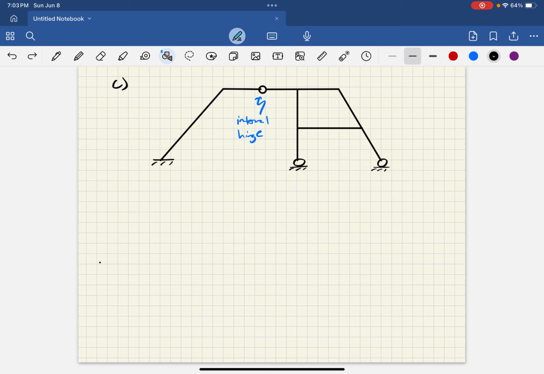Change colors back again. It's going to look like this. We have this disassembled piece here. And then we have this kind of middle piece. Draw that a little bit better for us. Now that middle piece is going to be a result of the cut and the disassembled hinge.